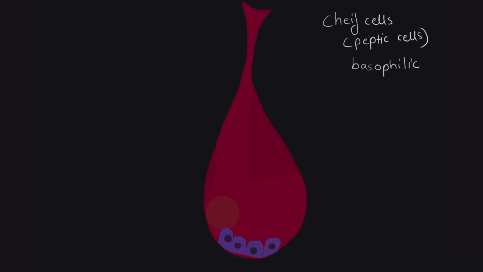Now, let's take a look by what the difference are in this and gastric. The prepuce is known as the cell. That's right there, cells and chief cells.